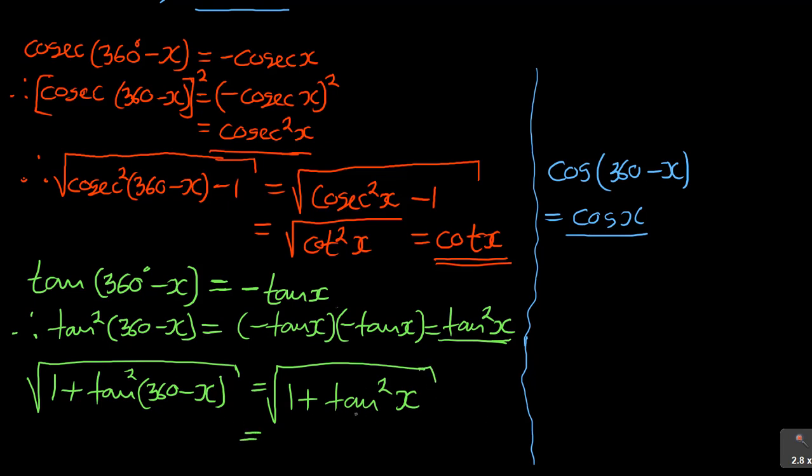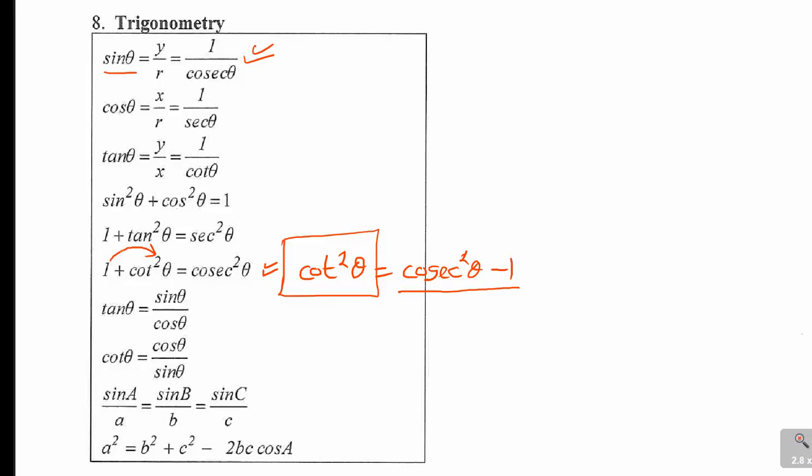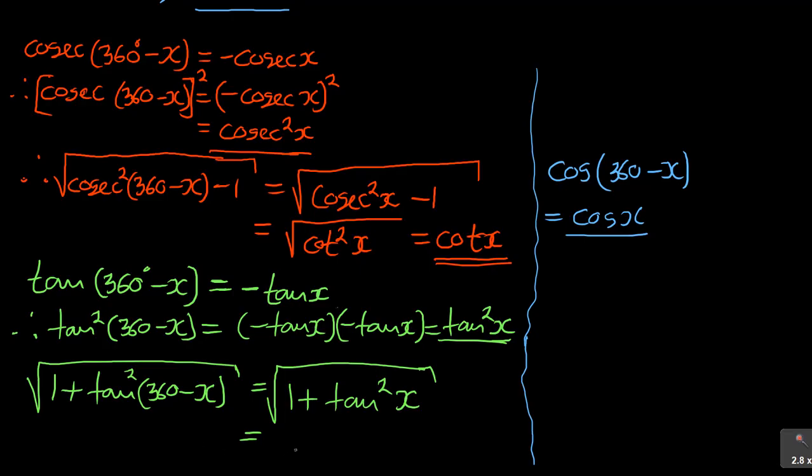Now when you have simplified it like that, let's go to the formulas again. You can see that we have this part which says 1 plus tan squared theta is equal to sec squared theta. So this is actually sec squared theta.